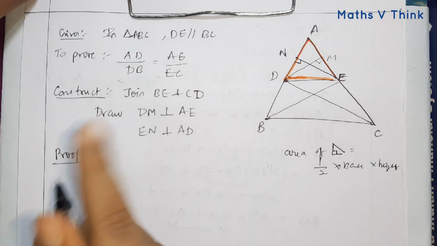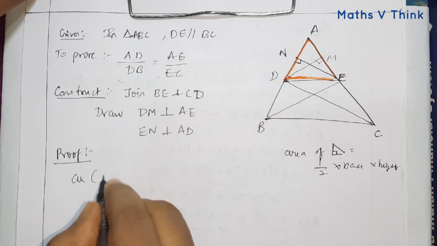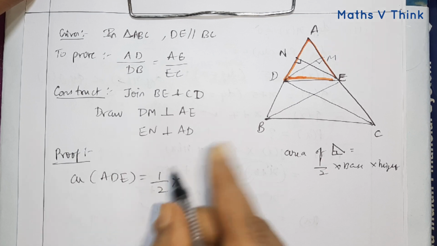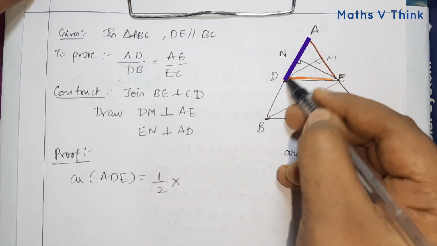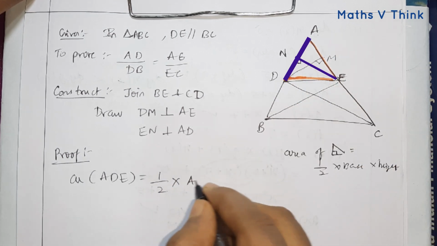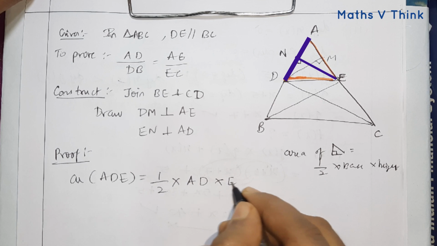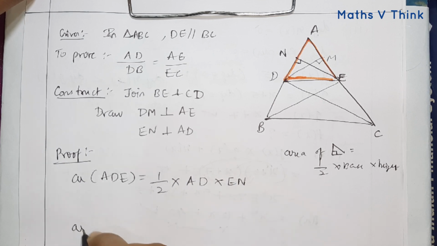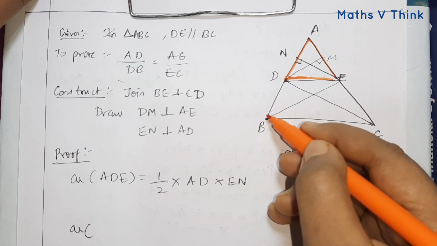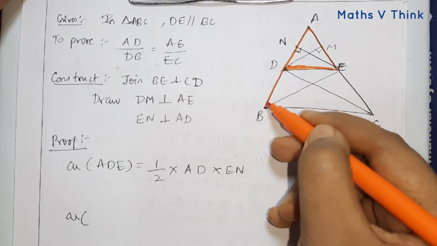So area of ADE is equal to half into, take base as AD and height as EN. So half into base AD into height EN. Now the next triangle you should take is BDE.